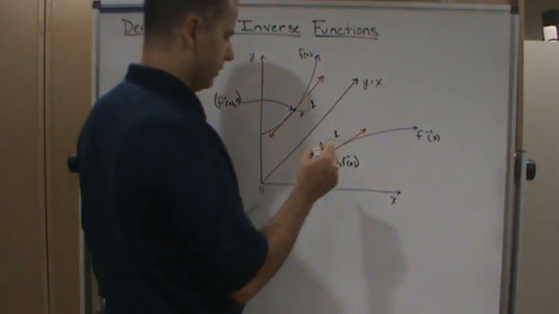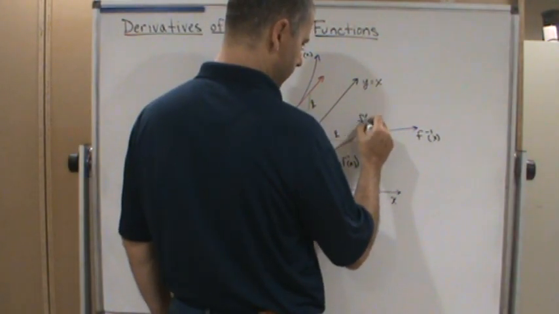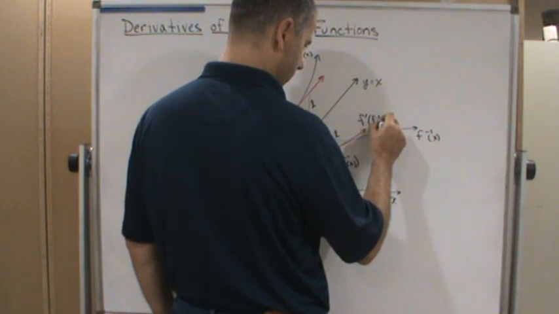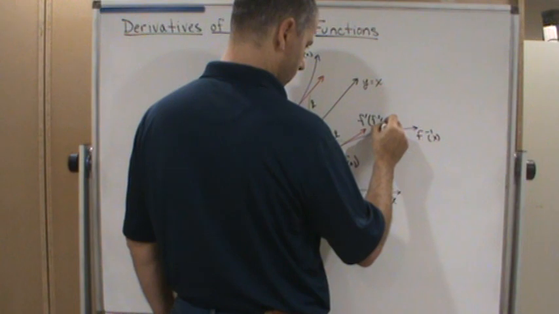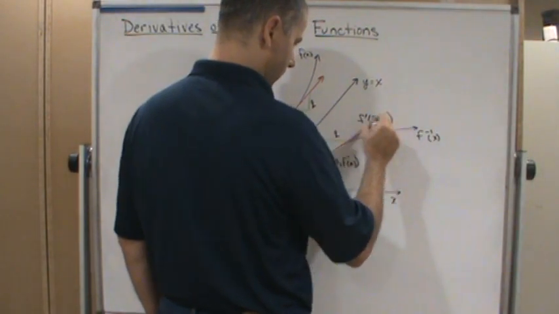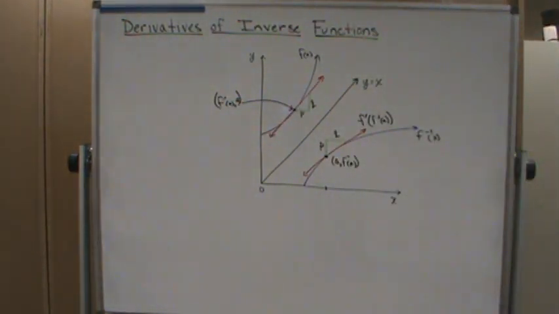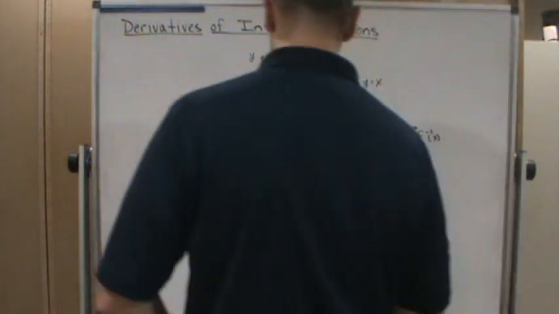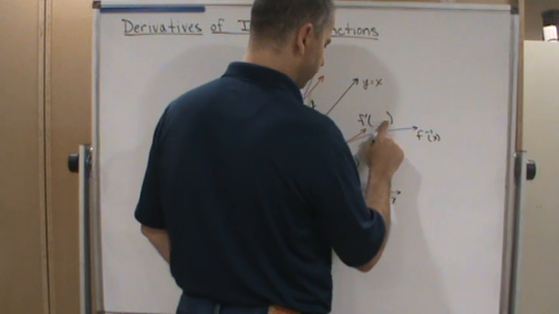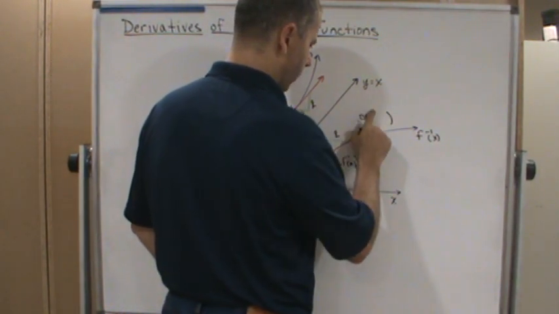And this tangent line is going to be represented by f prime of f inverse of a. Hold on.